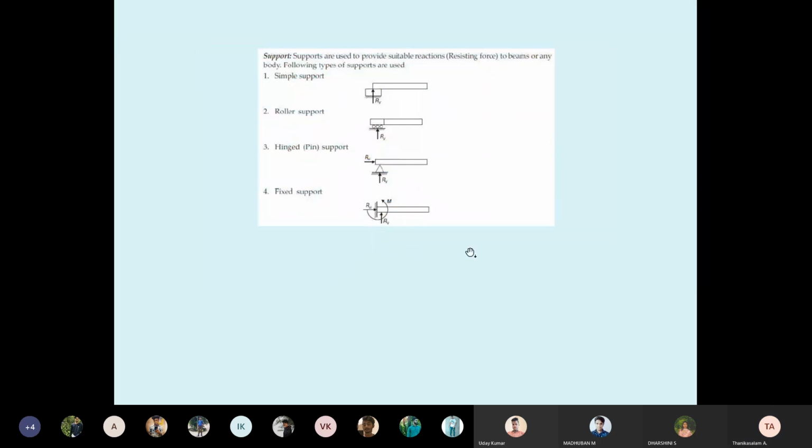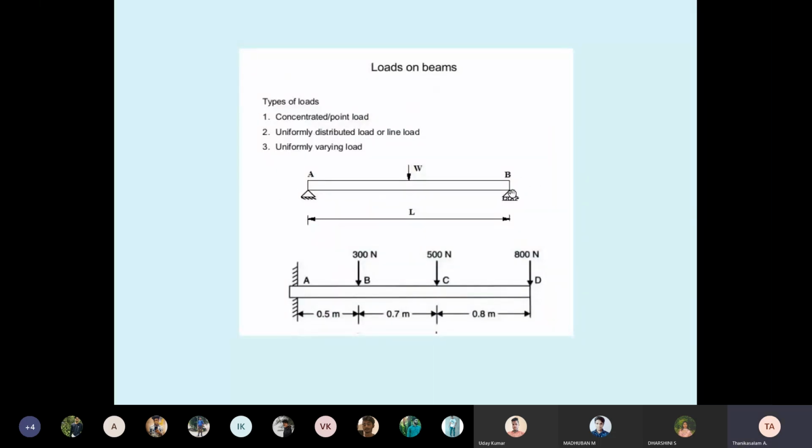So whenever you say support, there are corresponding reactions, called support reactions. Then these are the loads acting on the body. There are 3 types of load. Concentrated load: if you are standing on a road bridge, that's called a point load.